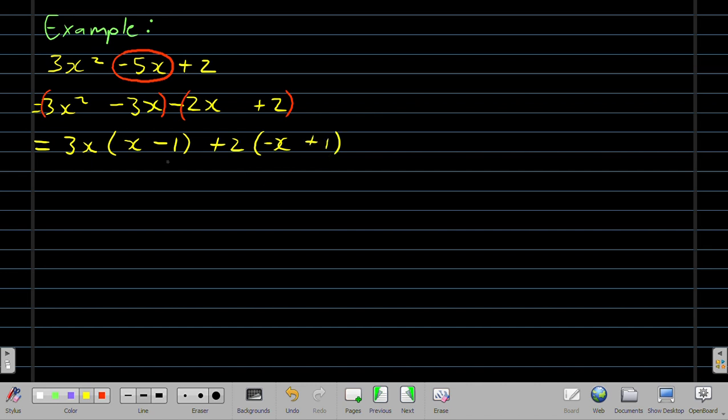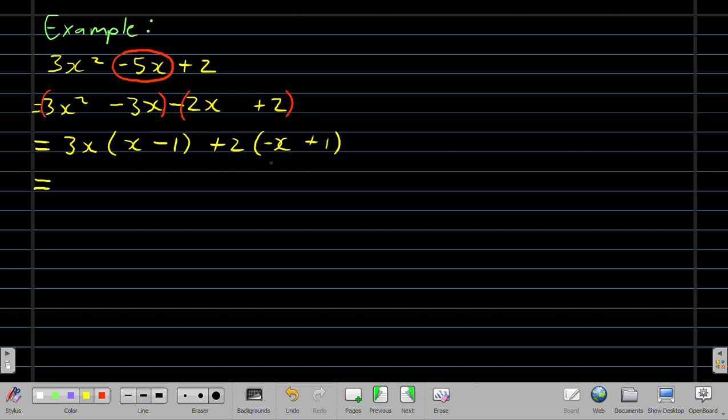Now this is a little different from what we did previously. You see here, on this side we have x minus 1, and here we have minus x plus 1. These two are completely different, but you can actually turn this minus x plus 1 into x minus 1, or the other way around.